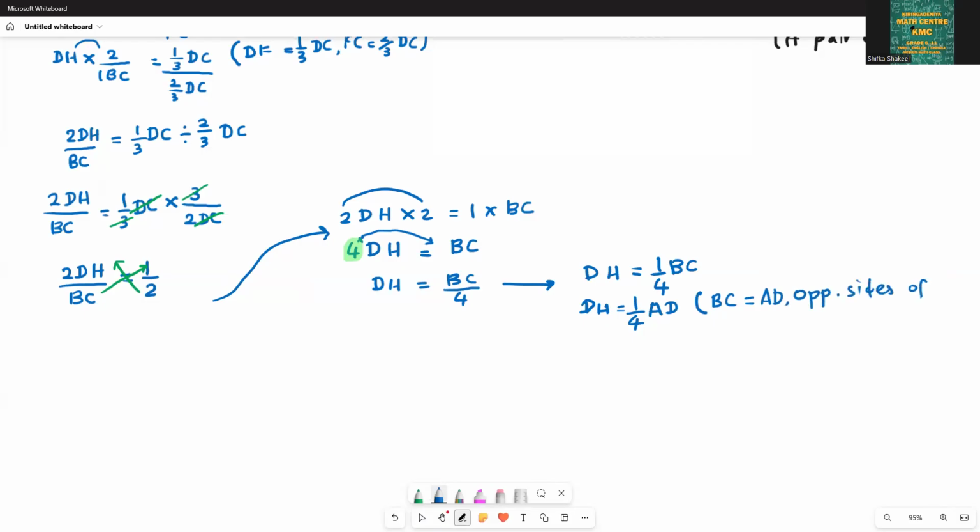So that's all we proved. DH is equal to 1 over 4 AD.